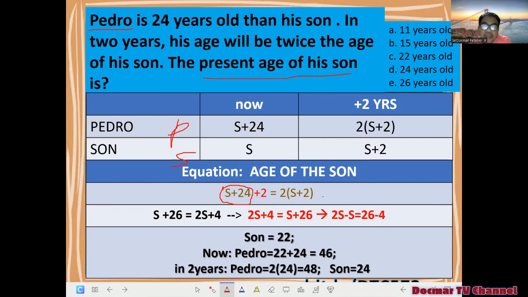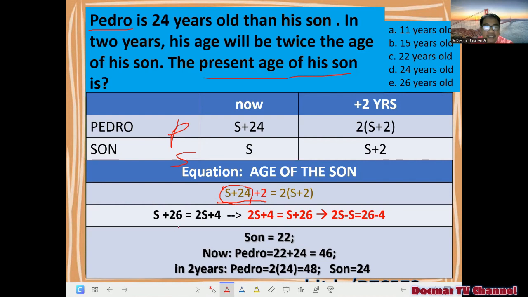Now again, in the previous problem, I told you that for 2 years, we only add it to the left portion of the equation, not the other side, once it is only asked for Pedro's age. So only one part of the equation, we add the 2 years.